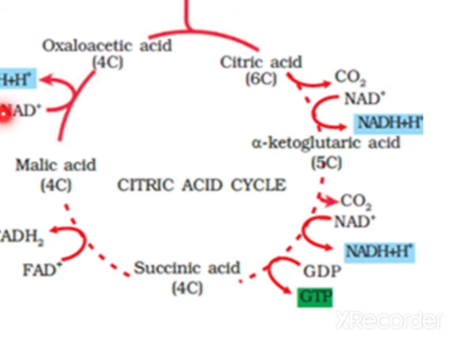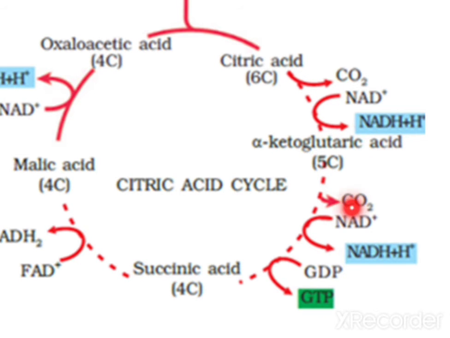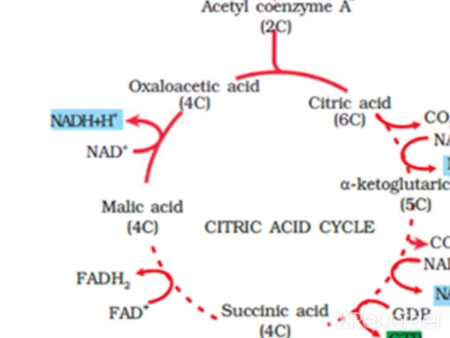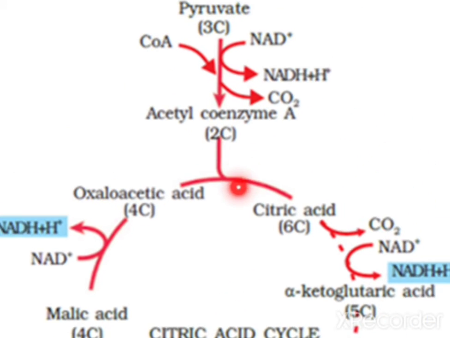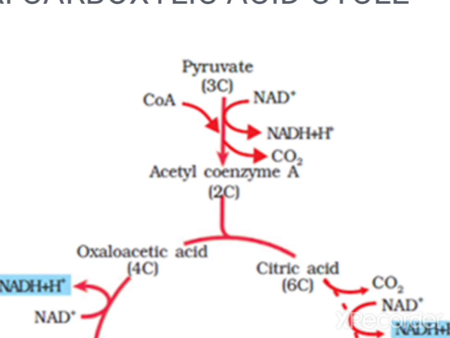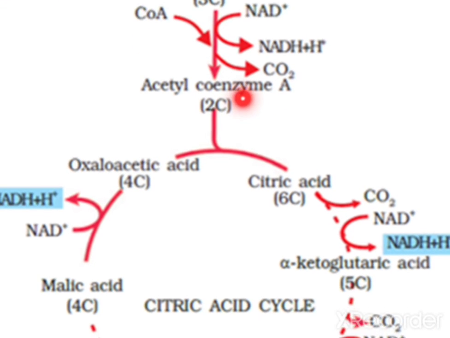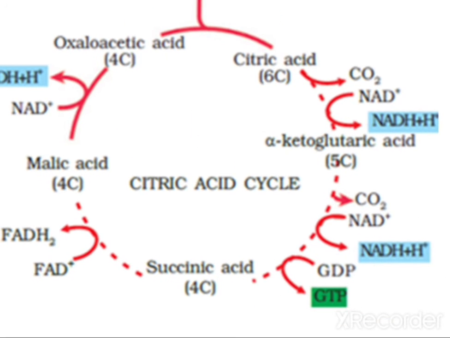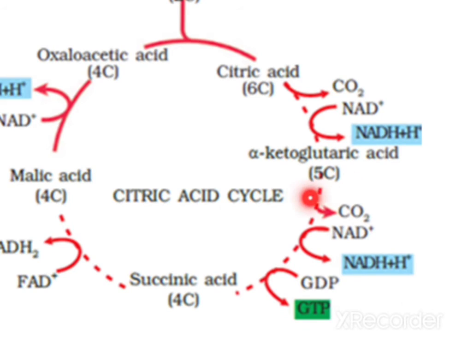These numbers all count, children, because they are important later, when they will be studied in the electron transport chain. In the first step, one molecule of carbon dioxide is released. In the second step, 4 plus 2 gives a 6 carbon compound, and 6 minus 1 carbon dioxide removed gives a 5 carbon compound.